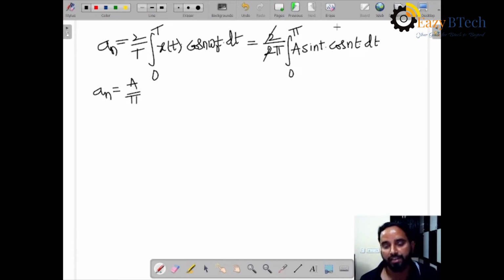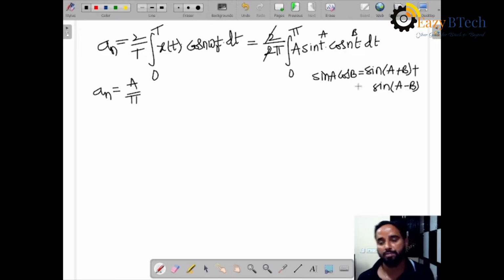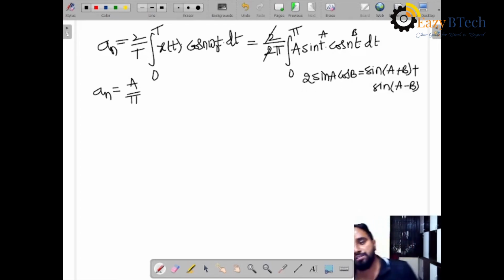It is like sin a cos b. What is the trigonometric formula? Sin a cos b is equal to (sin(a plus b) plus sin(a minus b)) by 2. Otherwise, 2 sin a cos b is equal to sin(a plus b) plus sin(a minus b).